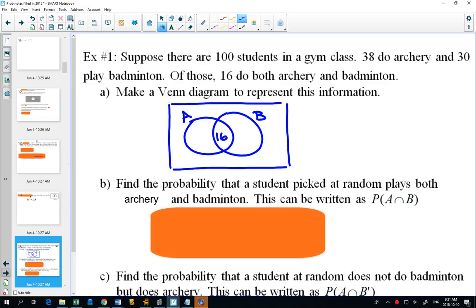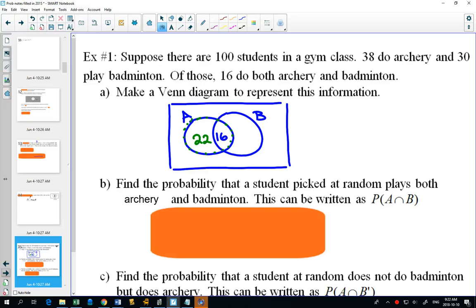How many people do only archery? They don't do badminton. 38 minus 16. So there's going to only be 22 in there. But can you still see the entire archery circle still adds up to 38?